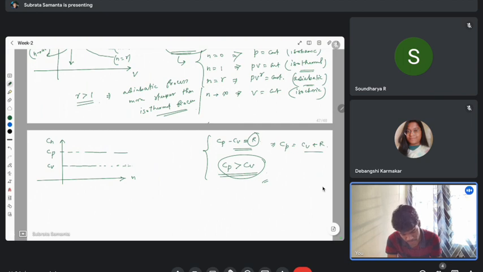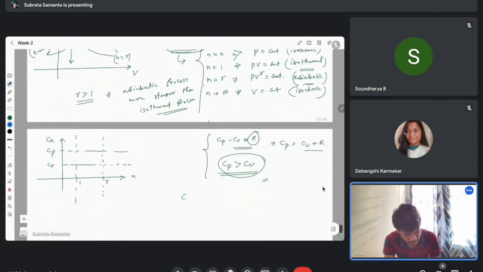So let's say this is n equals 1, this is n equals gamma. So we draw a cut line, n equals 1, this is gamma. Now put n equals 1 in the Cn formula. So what is the formula for Cn?